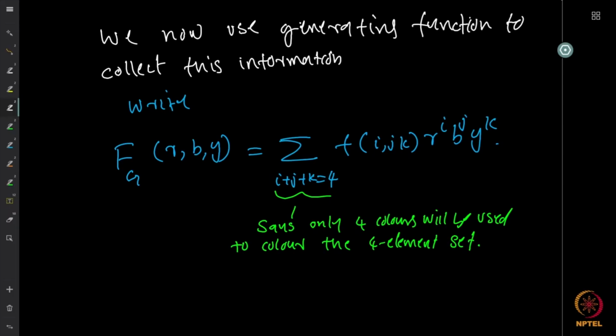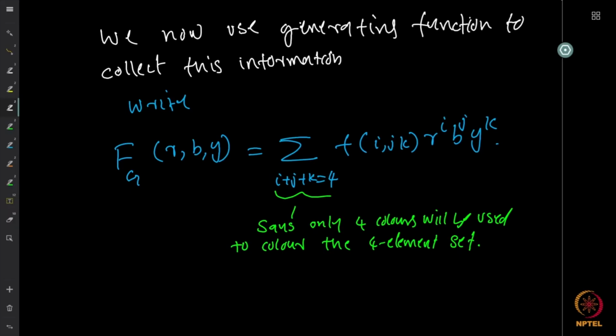So the colors altogether can appear exactly 4 times. So I plus j plus k is equal to 4, T of I j k, which is the coefficient of r raised to I, b raised to j, and y raised to k. So r, b, y can be considered as variables of the generating function.